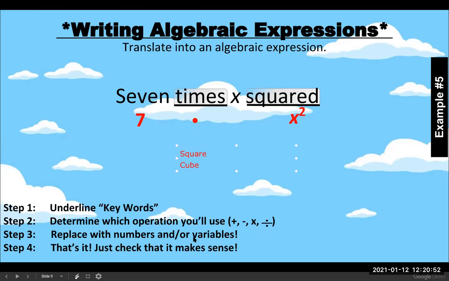All right, so square means something to the 2nd power. Cube means something to the 3rd power. So those are the things that you're going to be using in the assignment. So they talk about square is basically to the power of 2. If they talk about cube, then they're talking about the power of the 3rd. Okay, 3rd power.